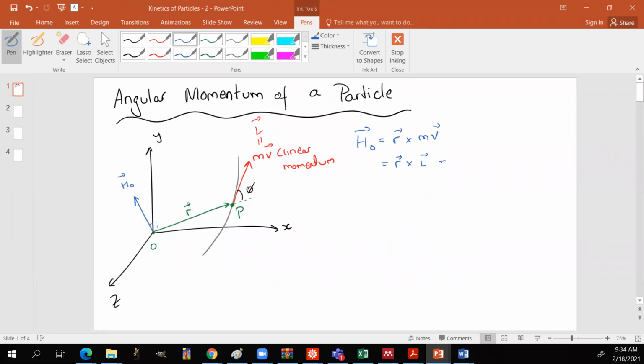So this is the moment of momentum. Basically you're taking the moment of the momentum. That's the definition of the angular momentum.